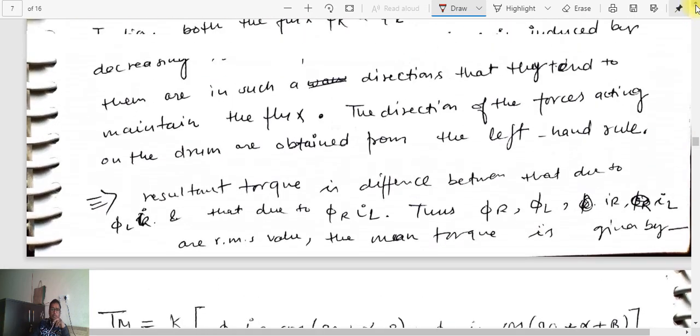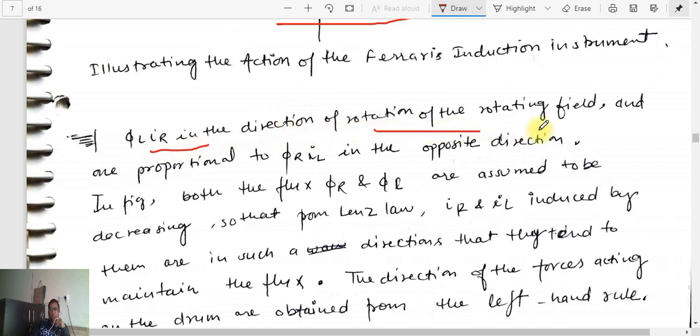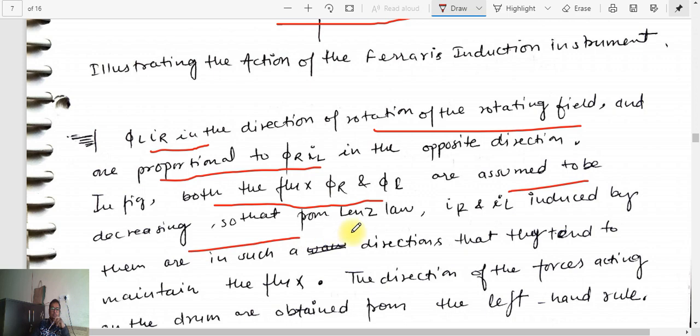We can check here that phi L IR is in the direction of the rotation of the rotating field, and the force proportional to phi R IL is in the opposite direction. Both the fluxes phi R and phi L are assumed to be decreasing.